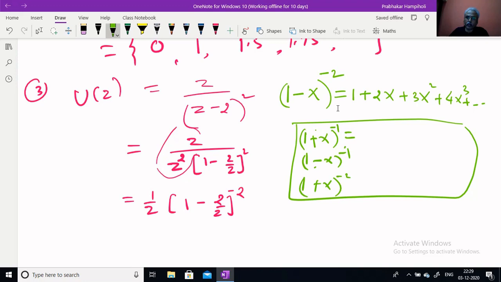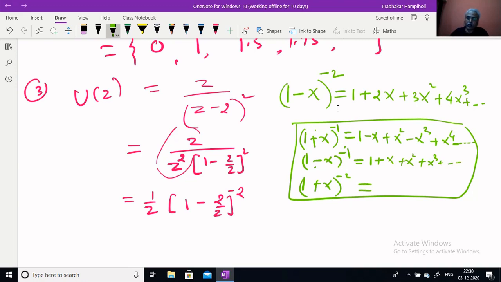Suppose if I write this, you will get alternatively positive negative: 1 minus x plus x square minus x cube plus x raised to 4, alternatively plus 1 minus 1 plus 1 minus 1. The second one is the same, but all the terms are positive: you will get 1 plus x plus x square plus x cube and so on.